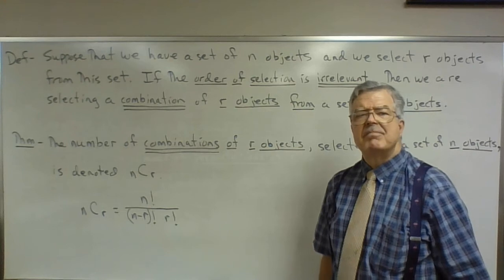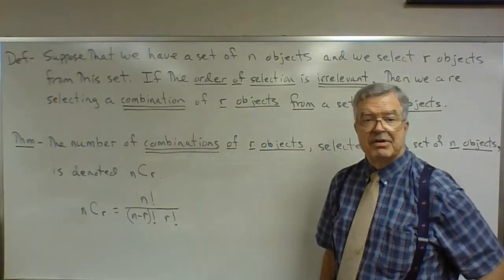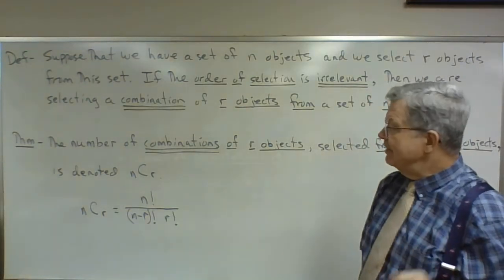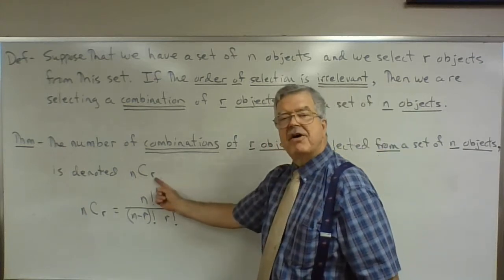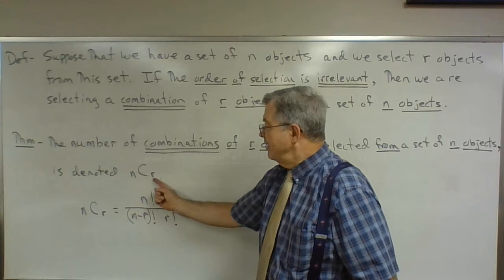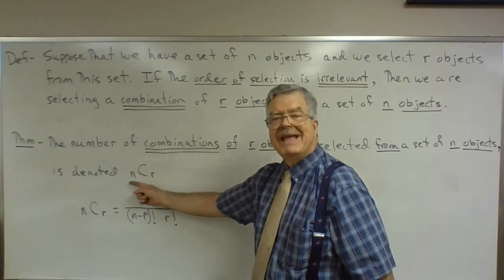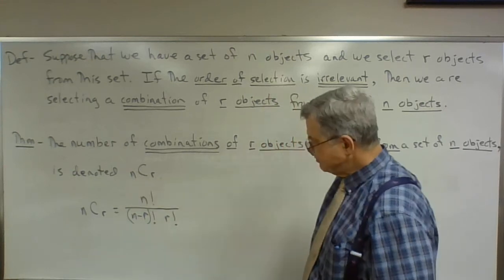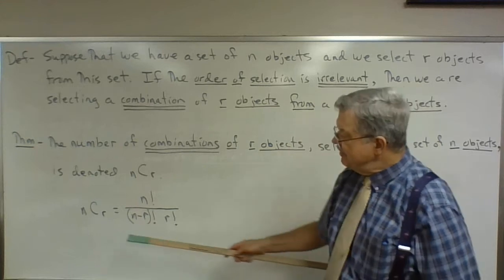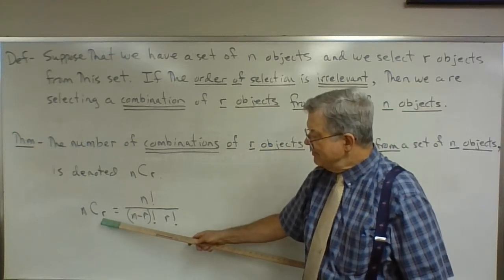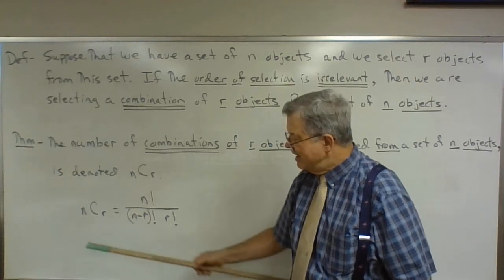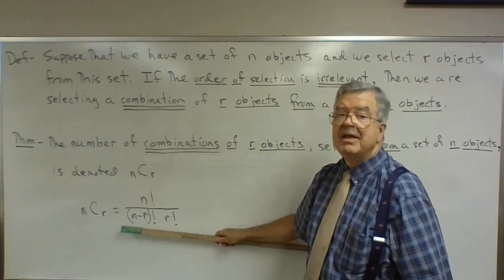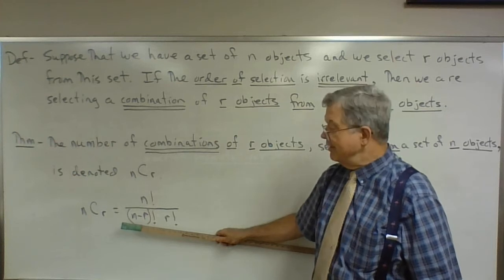And you may have a button on your calculator that computes this. Check it out and see. But this is the number of combinations of R objects selected from a set of N objects. And this is how the number of combinations of R objects selected from a set of N objects is computed, in case we don't have that button on the calculator.